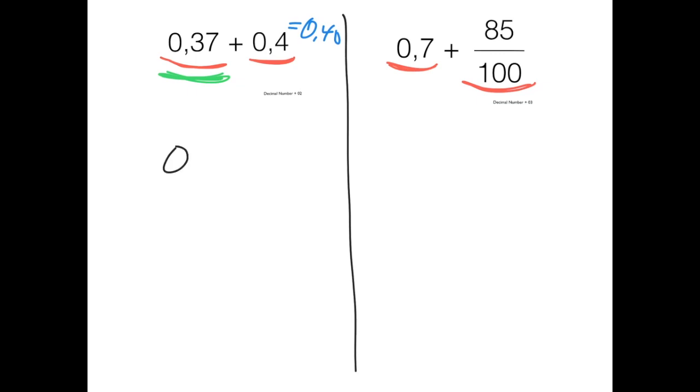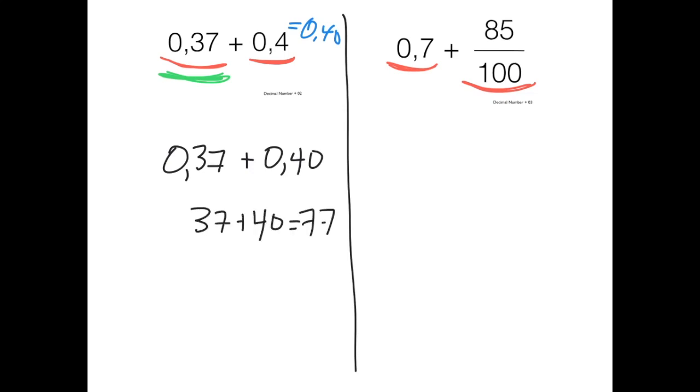So I can rewrite this expression as the sum of 37 hundredths and 40 hundredths. Because the place values are the same here, I can use my knowledge of whole numbers, so 37 plus 40, which has a sum of 77, to find the sum of 37 hundredths and 40 hundredths, which will be 77 hundredths.